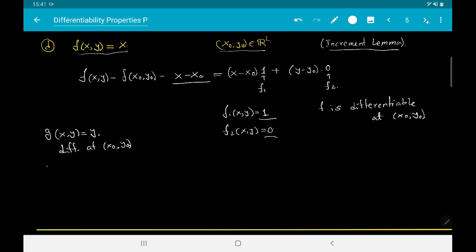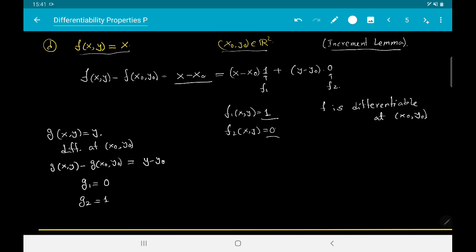So you can check that here g(x,y) minus g(x0,y0) is equal to y minus y0. So if I take g1 to be equal to 0 and g2 to be equal to 1, then this g1, g2 work as a pair of increment functions, and consequently g is differentiable at (x0, y0).